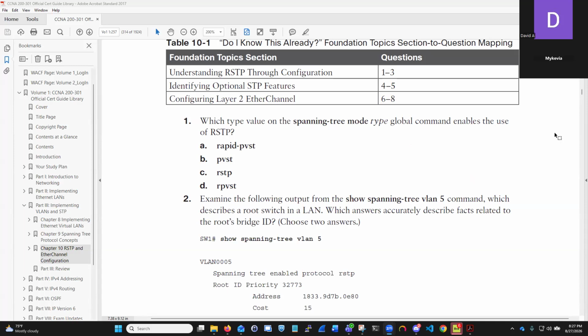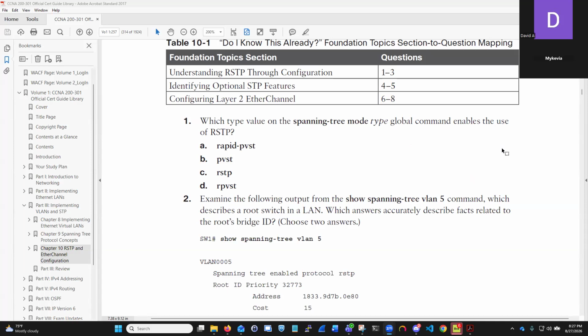Question one. Which type value on the spanning-tree mode type global command enables the use of rapid spanning tree protocol? Is it A, rapid PVST? B, PVST? C, RSTP? Or D, RPVST?